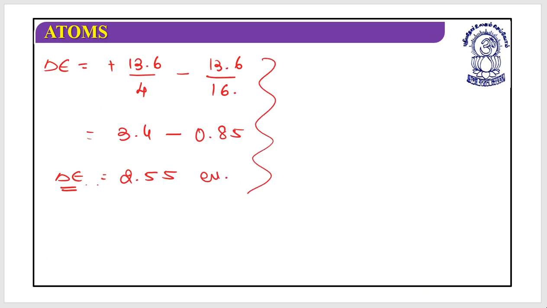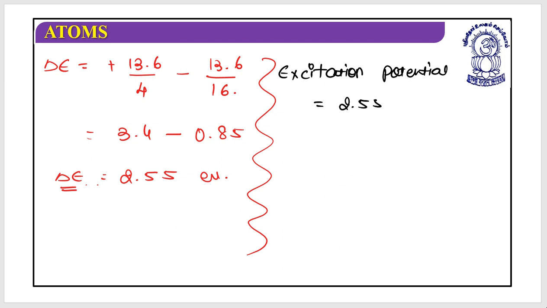Now, suppose I have been asked for the excitation potential, then what would be the answer? Excitation potential would be equal to 2.55 eV divided by e.